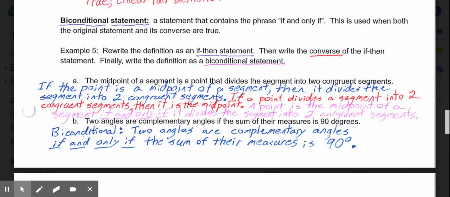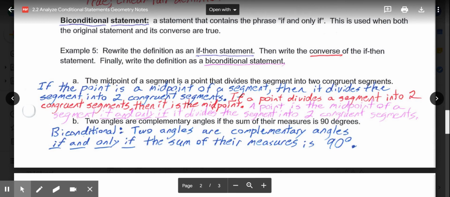Our biconditional, here kind of in pink, says a point is the midpoint of the segment if and only if it divides the segment into two congruent segments. So now we're taking that idea and rewriting it with the phrasing if and only if from the original statement.